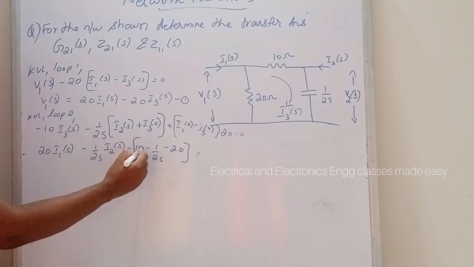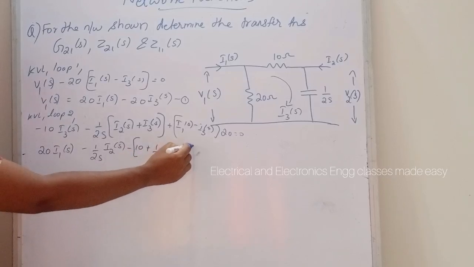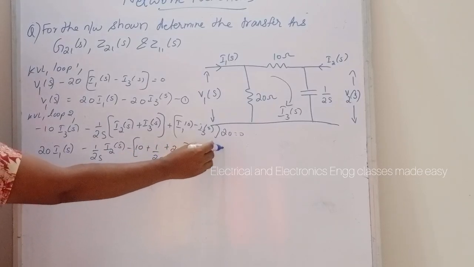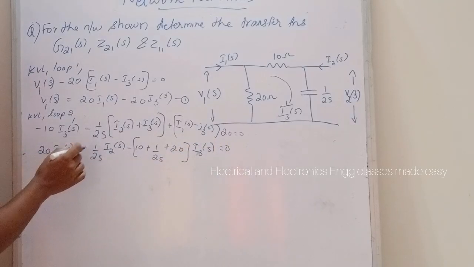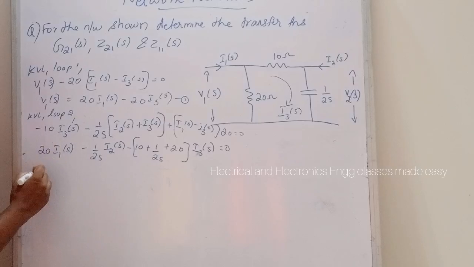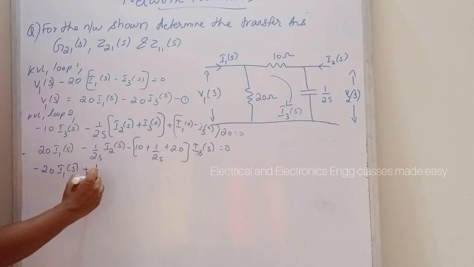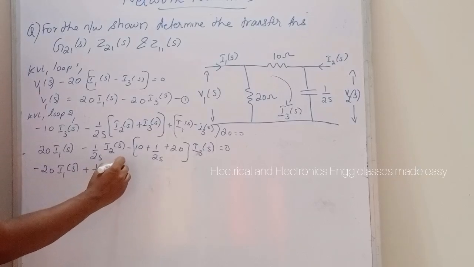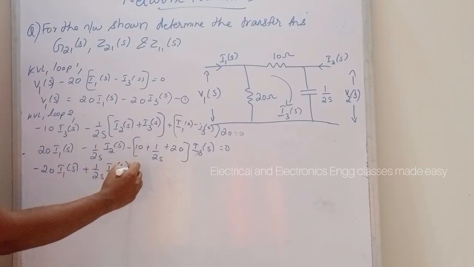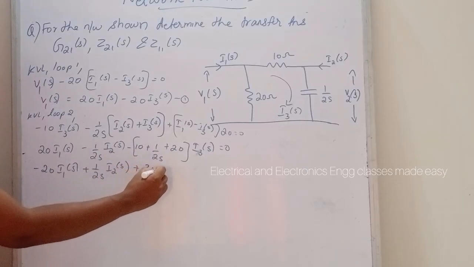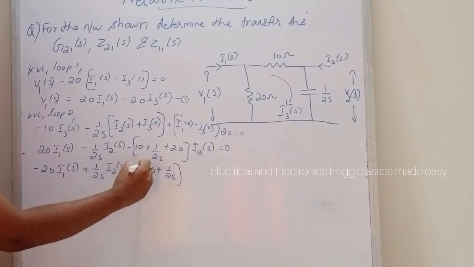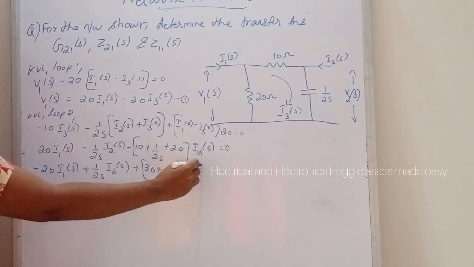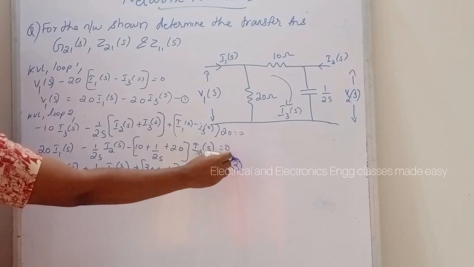So here we can take this minus outside, into I3(s) equal to 0. So again we can rearrange this one like this, that is minus 20 I1(s) plus 1 by 2s into I2(s), then plus here 30 plus 1 by 2s into I3(s) equal to 0. So this is the second equation.